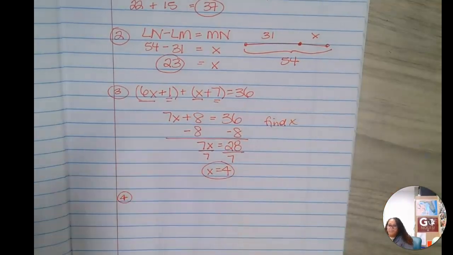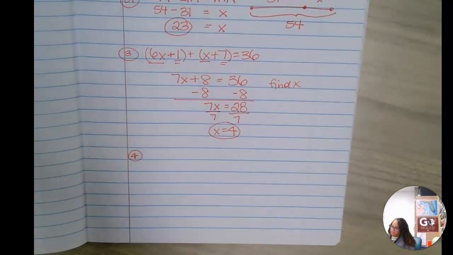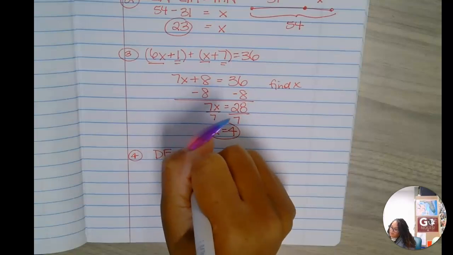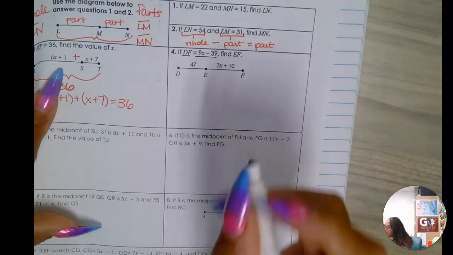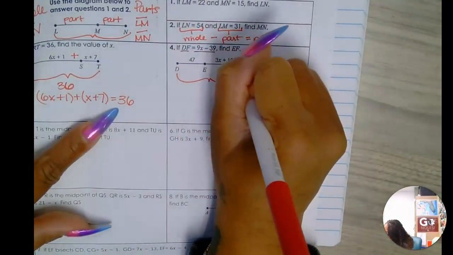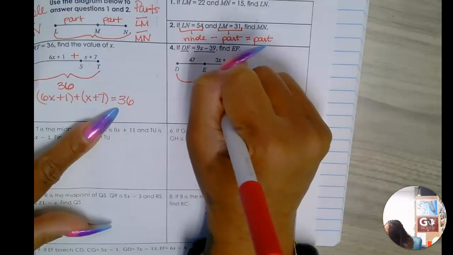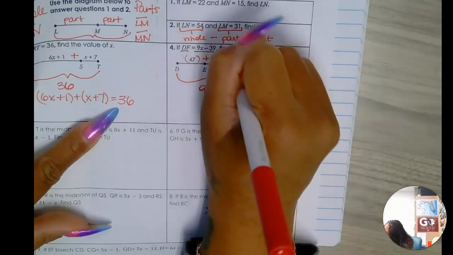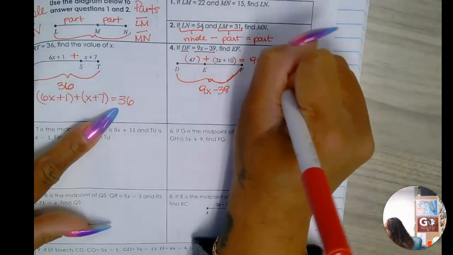Number 4. It says DF equals 9x minus 39. So that's the whole thing. This whole thing equals 9x minus 39. So I've got to add these two pieces here to get 9x minus 39.